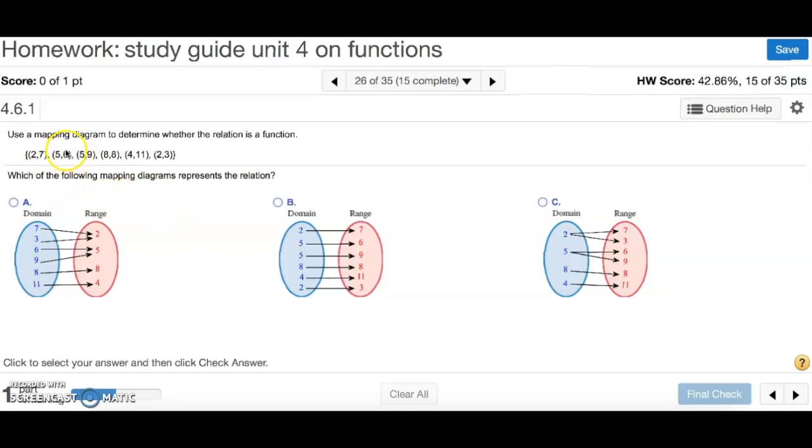We have 2 x's with 5's, only write 5 once. And since domain is x, that should be on the left. That means either C or B. B writes the x twice. We don't have that. We only write it once. So the diagram that represents my relation is going to be C.